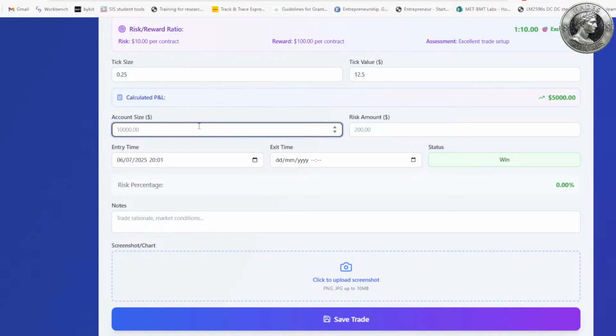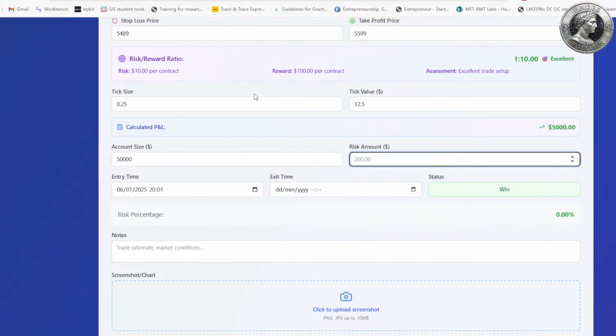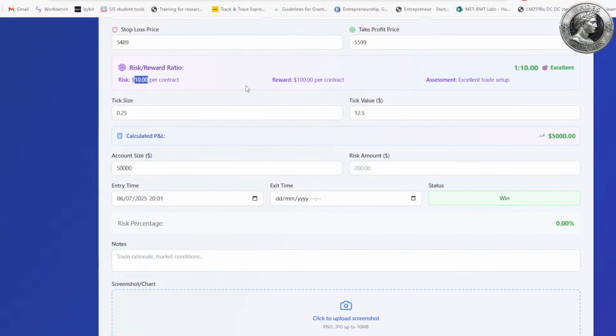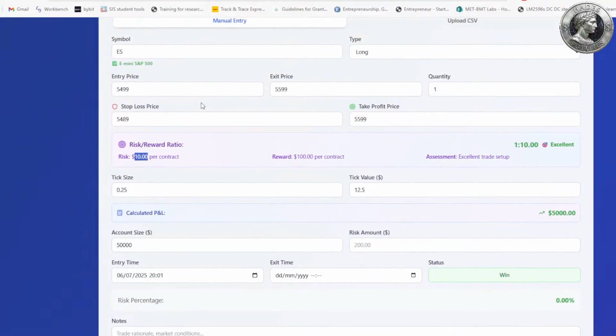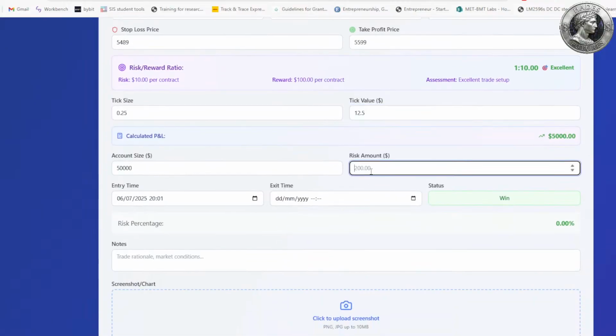And let's say you have a 50K account, 50,000, and then well, basically we have 10 times 60 is 600.